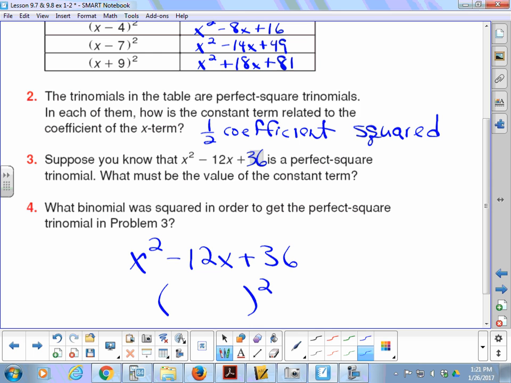What's half of 12? Okay, all right. So you got it. You just said half of 12 squared is 36, right? Okay, so that's what goes here. Half of 12. X minus 6.